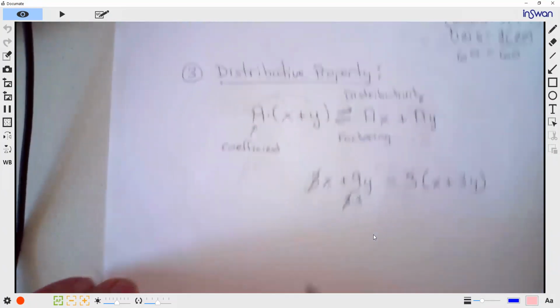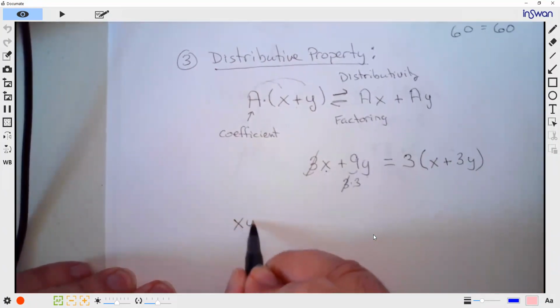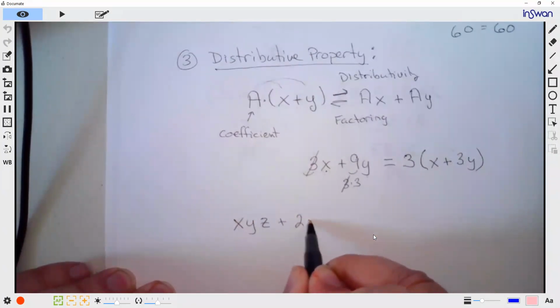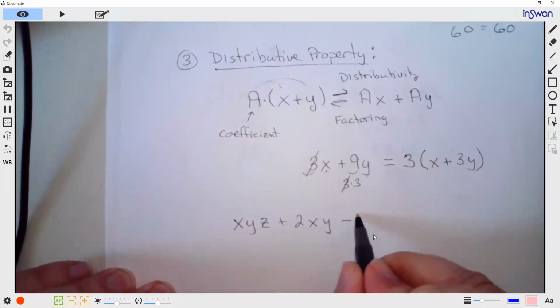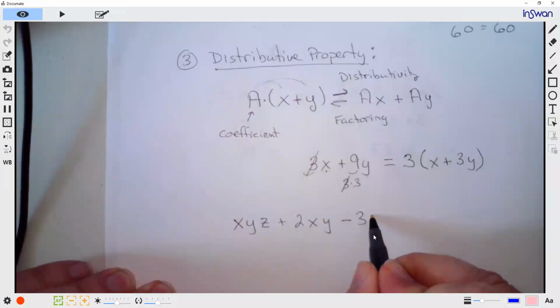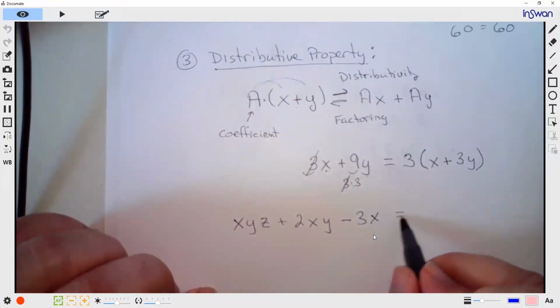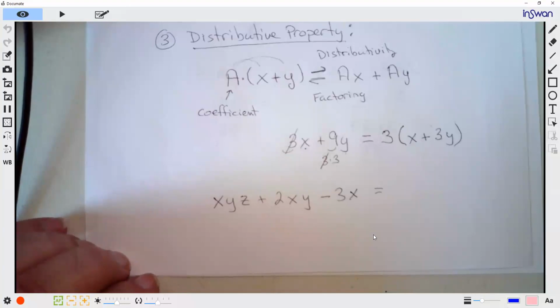So it goes on even further from that. We don't even need numbers. Can you factor anything out of here? Wow, that's a lot. I see 3 x's, 2 y's.